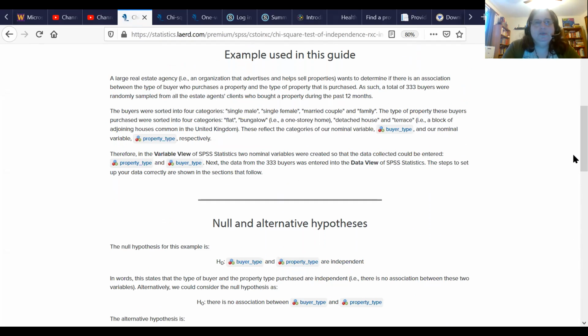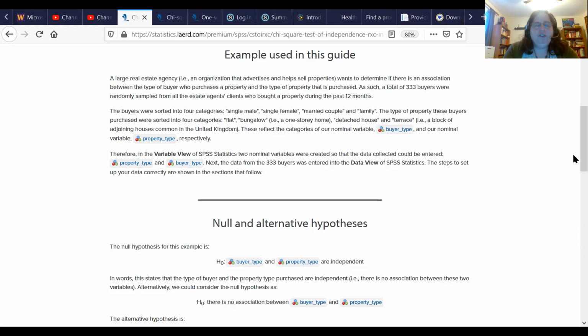Oh, yes, this one's a good one. A large real estate agency wants to determine if there's an association between the type of buyer who purchases a property and the type of property that is purchased. As such, a total of 333 buyers were randomly sampled from all the estate agents' clients who bought a property during the past 12 months.